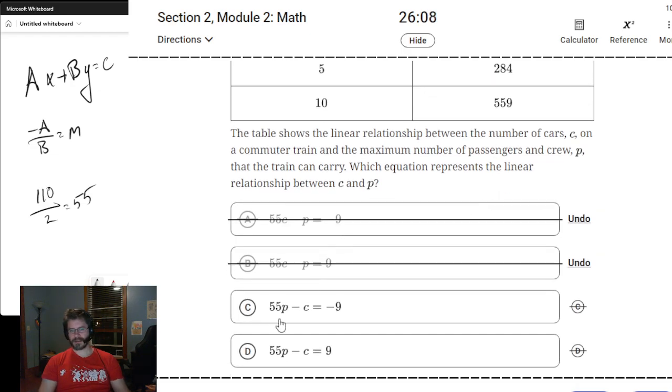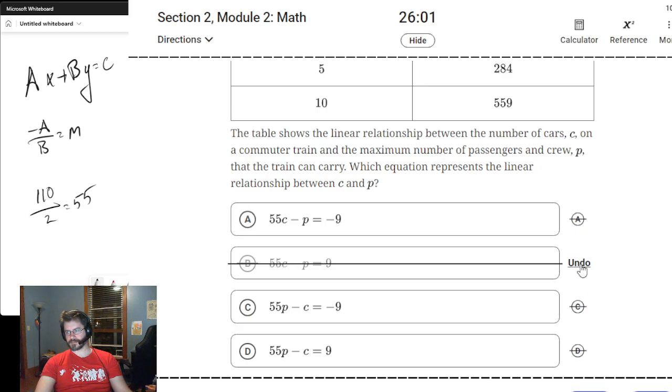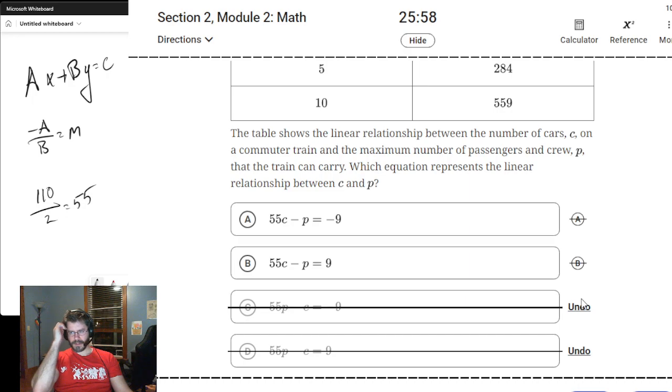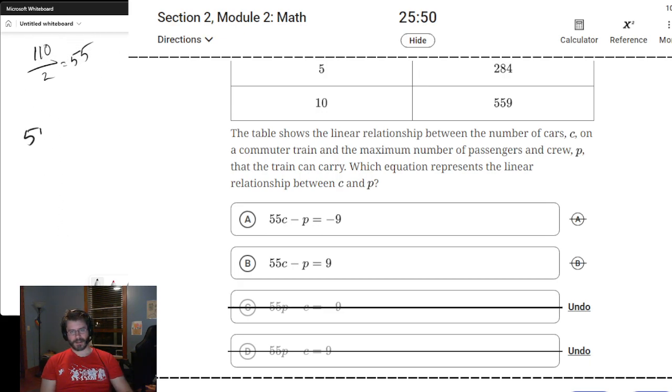And so negative a over b, yeah, we need, oh wait, no. We need the 55 to be attached to the c value, because if this is 55, c minus p, this corresponds to ax plus by. Here, a would be 55, so negative 55 over negative 1, because it's minus 1p. That gives us our positive 55 that we were looking for, so it's either a or b.